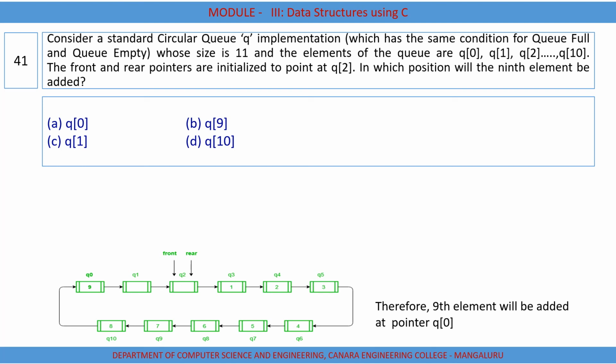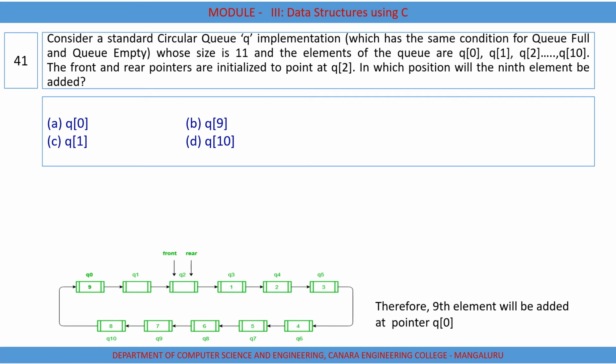In which position will the ninth element be added? The options are q0, q9, q1, and q10. Understand the question correctly: the queue size is 11 and both front and rear pointers are initialized to q2.